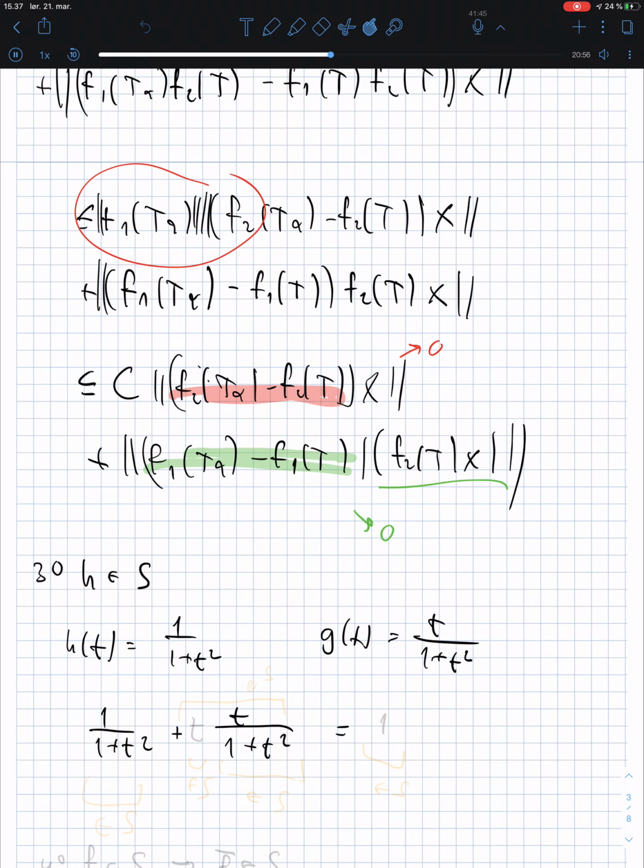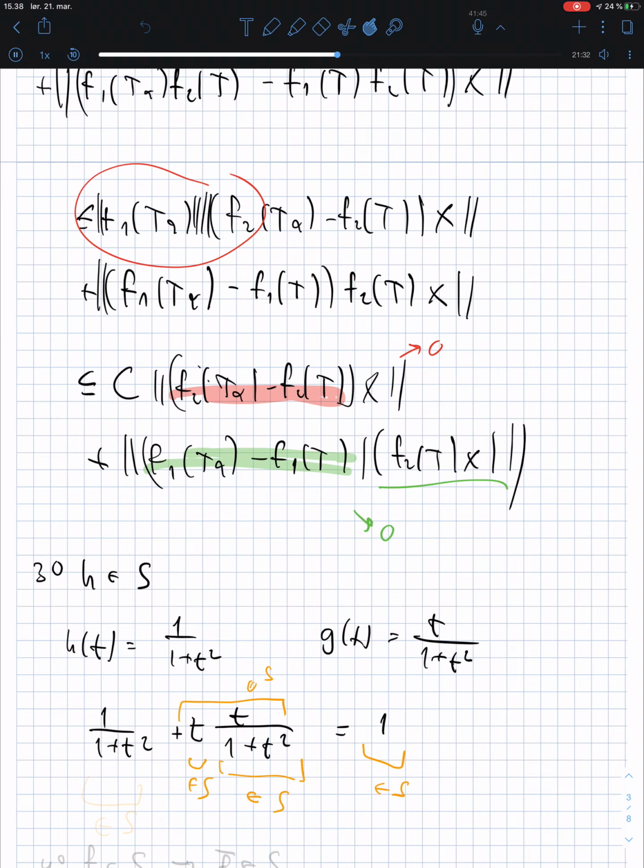This, of course, is 1, but maybe write it like this. And then if we go through what we know, we've seen that this is in S, we've seen that this is in S. But by the previous claim, when we multiply two functions, knowing that one of them is bounded and both of them are in S, then the product is in S. So this is also in S, right?